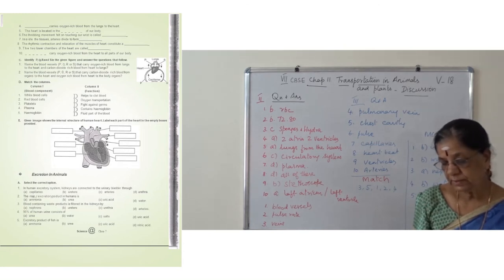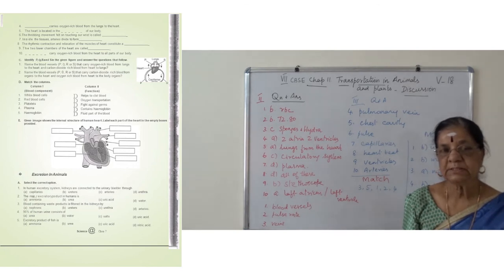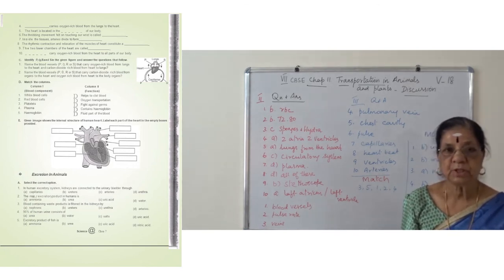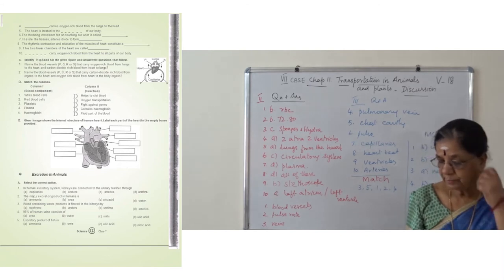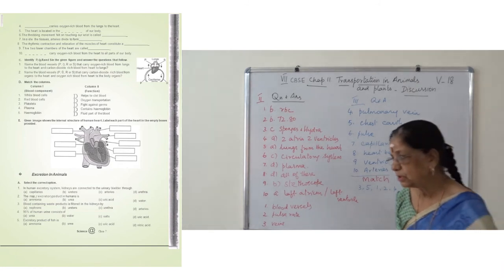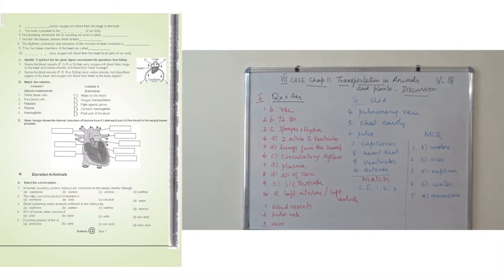Then second one, the major excretory product in humans is urea, again option B. Then third one, blood containing waste product is filtered through nephron. Nephrons are the structural and functional unit of the kidney.